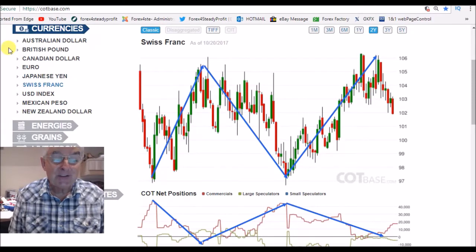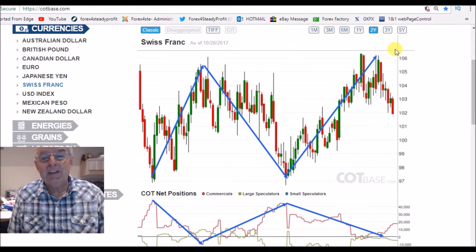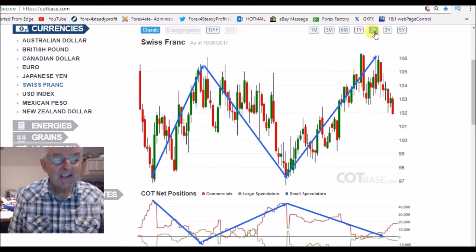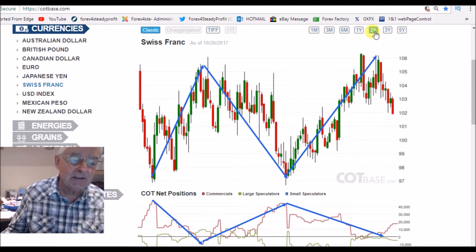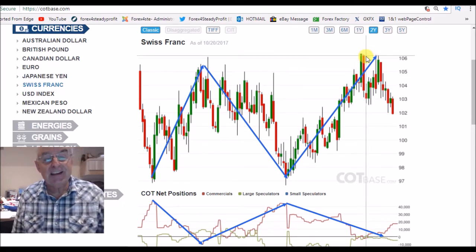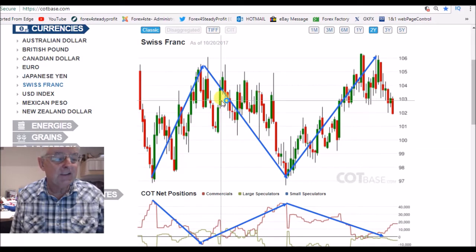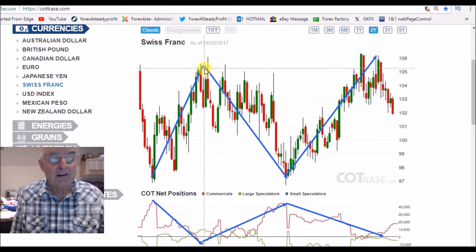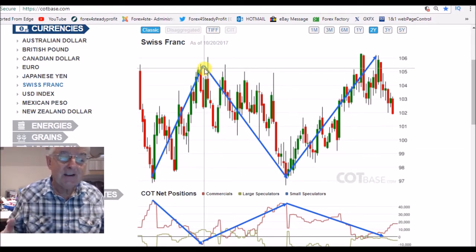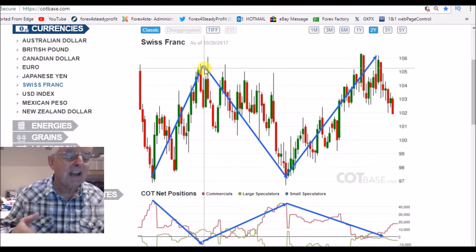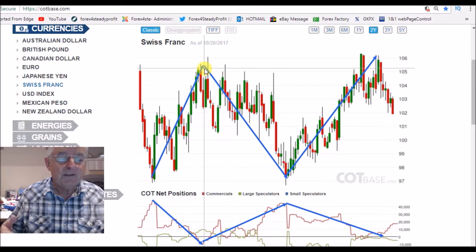And here we are, we have the Swiss franc. Put this on a 2-year chart. I changed the time periods because sometimes it's easier to see exactly what's happening and where the extremes are occurring. Some pairs have an extreme that happens about every 3 months, whereas others have a longer period.